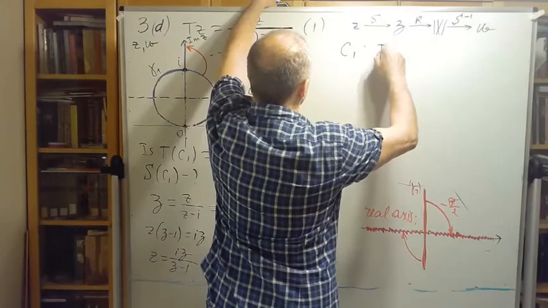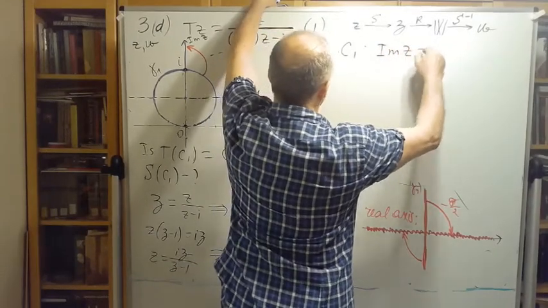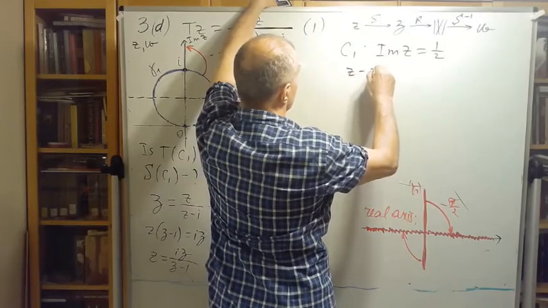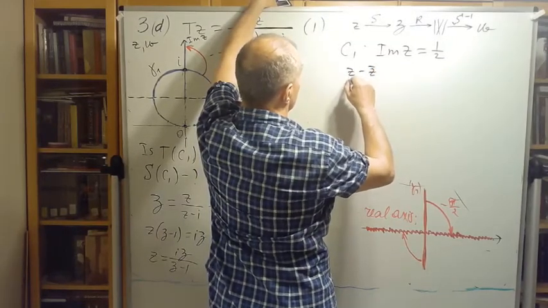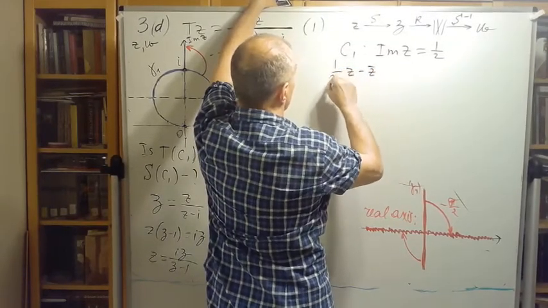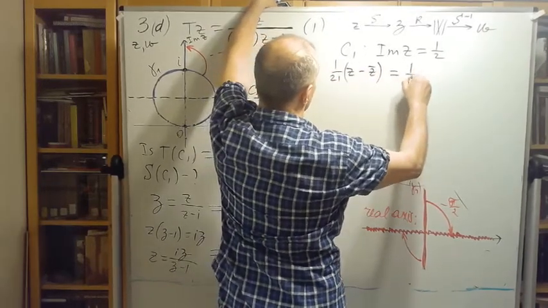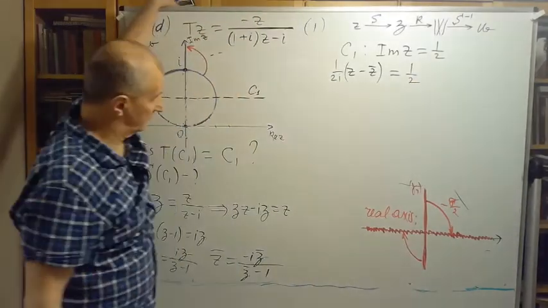C1 is imaginary part of z is 1/2. So z minus z conjugate over 2i is 1/2.